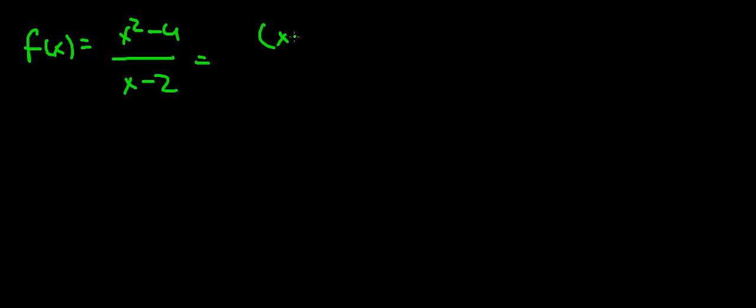Let's say I have f of x is equal to x squared minus 4 over x minus 2. We can simplify the top, if we would like, to x minus 2 and x plus 2.